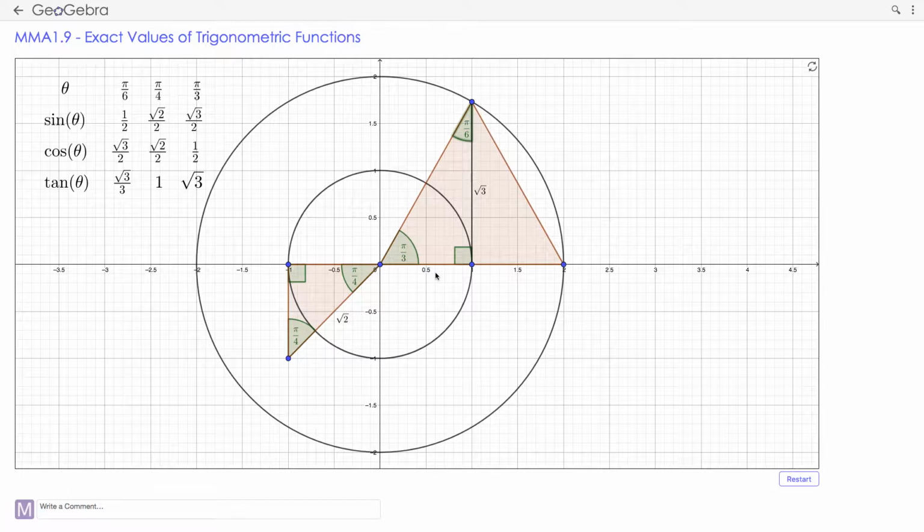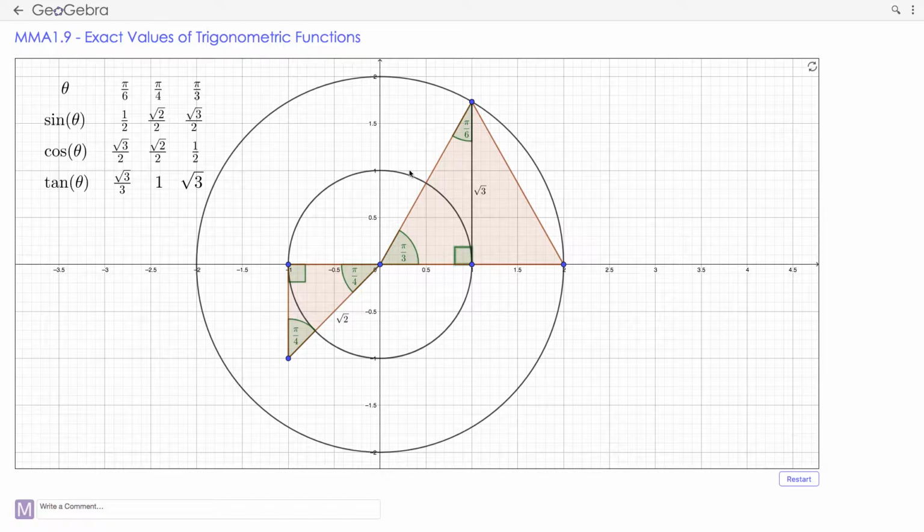So what do we know about this? Well, if we just take this angle here and this angle and that angle, then we have a right angled triangle here. We know that the Pythagorean theorem holds, right? So this is 1 squared plus something squared equals 2 squared.